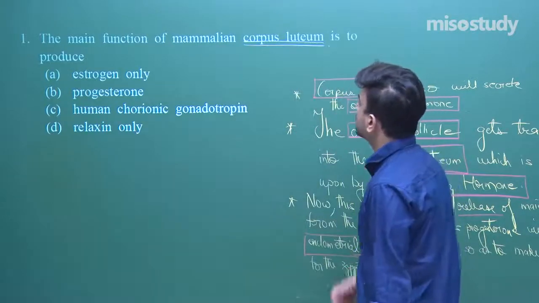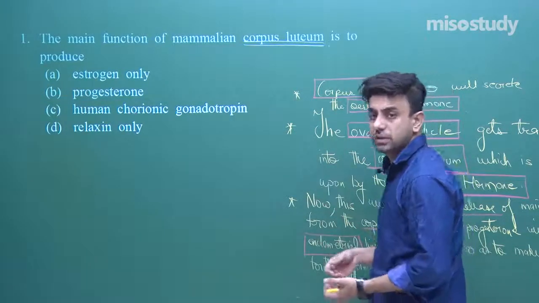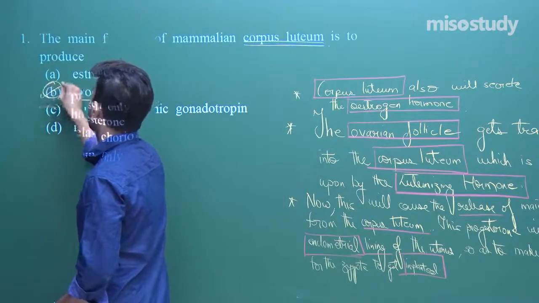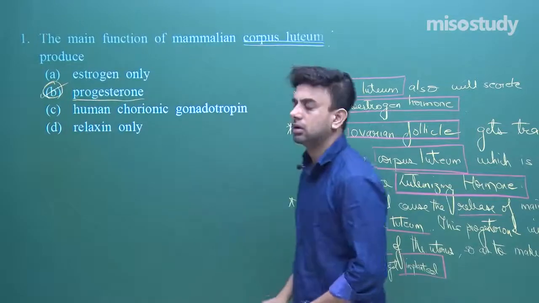So, the main function of the mammalian corpus luteum is to produce the progesterone. That would be my main answer, right.